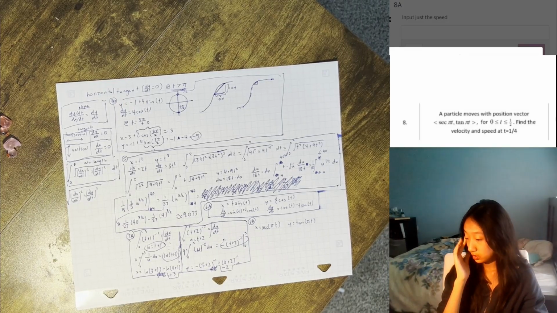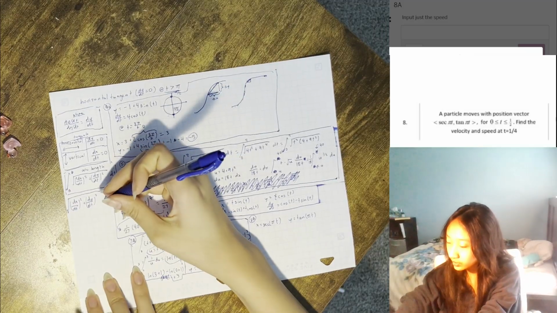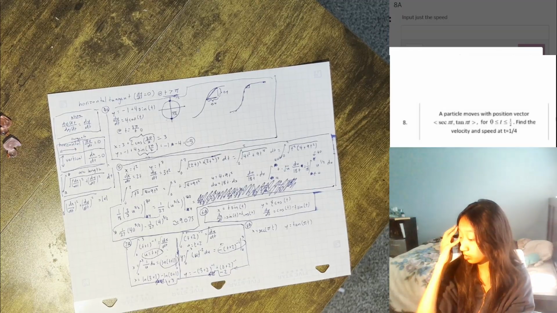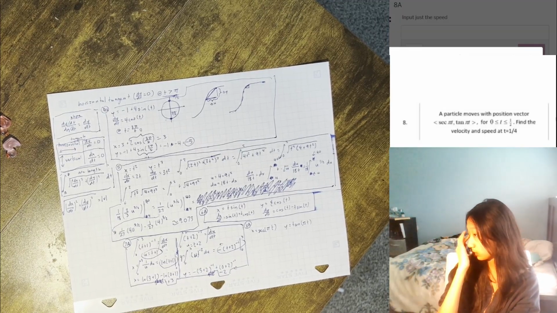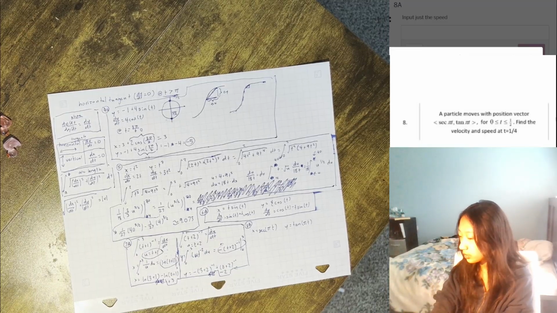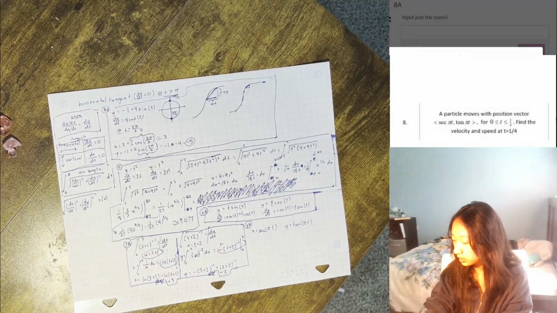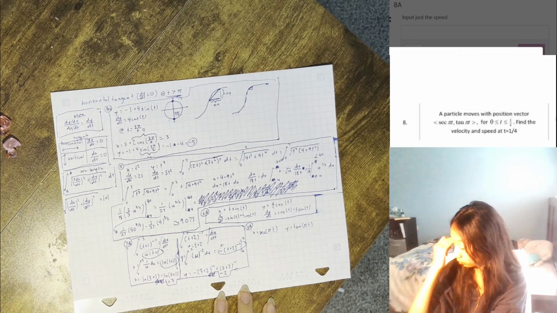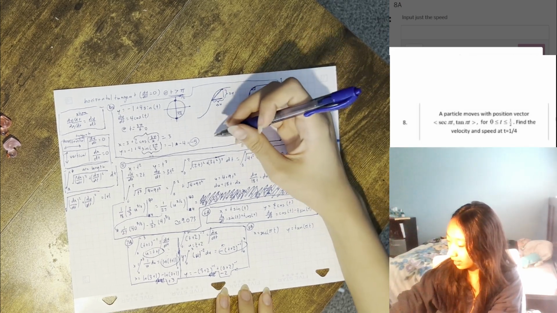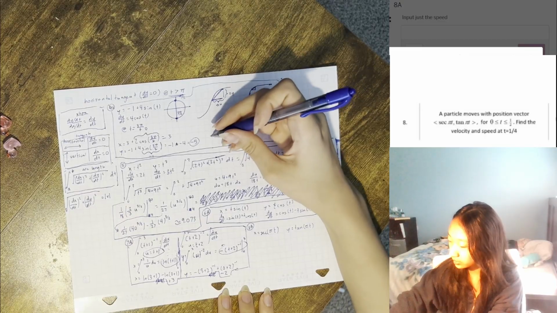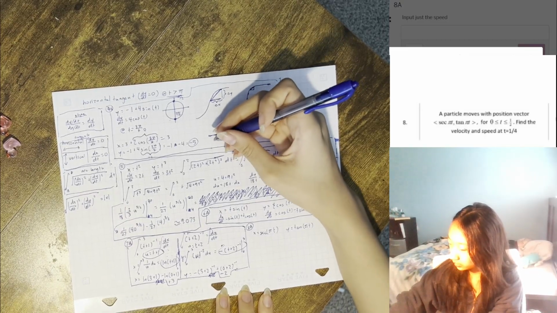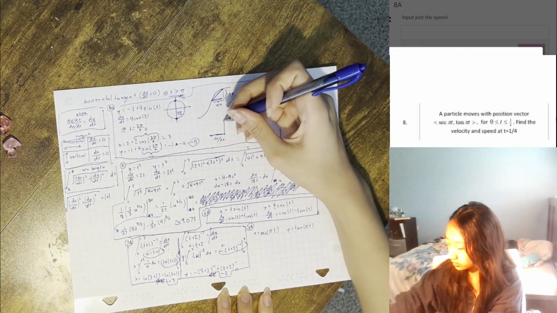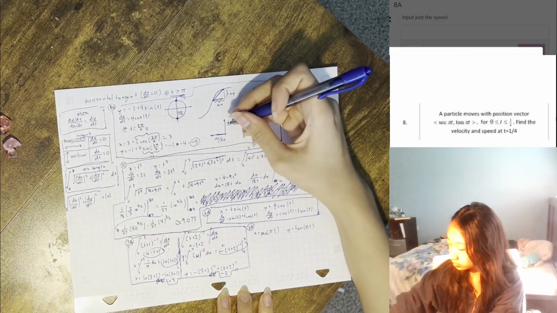So this equation here, not sure if we covered this in class, but it should kind of intuitively make sense. What we are seeing here is kind of the same thing. Your speed in the x direction, and then your speed in the y direction.